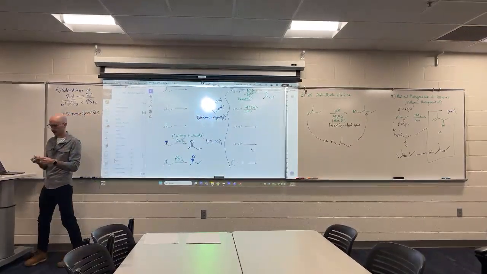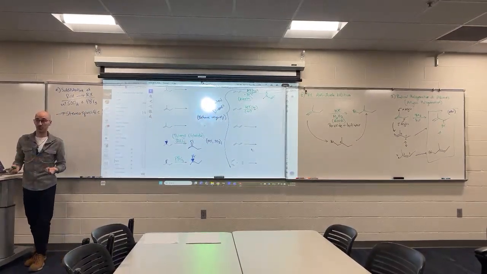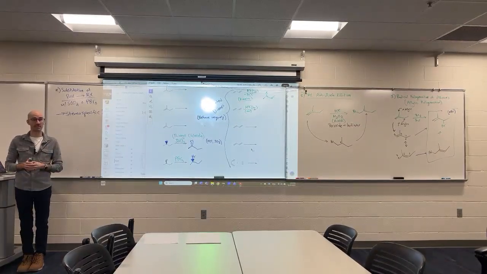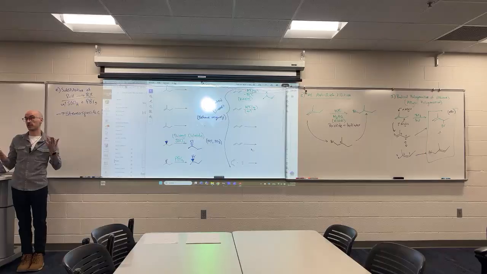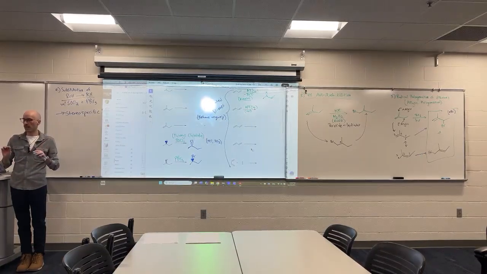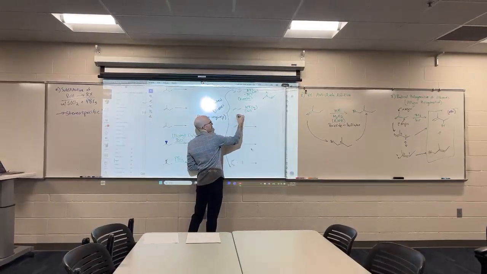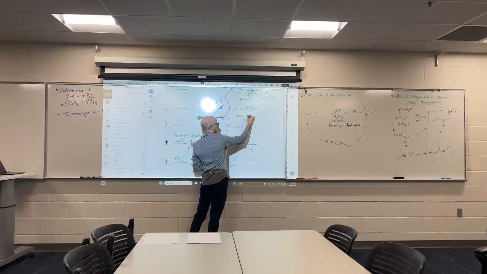Boy, that's pretty vague. 0 degrees C can be considered hot relative to negative 70 degrees C. 100 degrees C might be considered hot compared to 0 degrees C. So this is a little bit vague. We're saying this has more energy than negative 70 degrees C, and we call this the thermodynamic reaction.